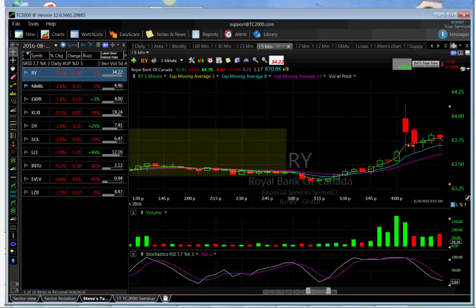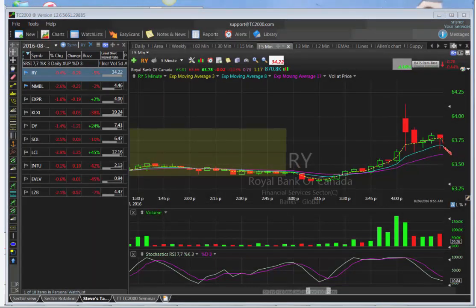Oh, whoa, what happened there? That probably scared the bejesus out of somebody because when it opened up way up here, and at one point, I'll show you what that candle looked like. That's what the candle looked like.